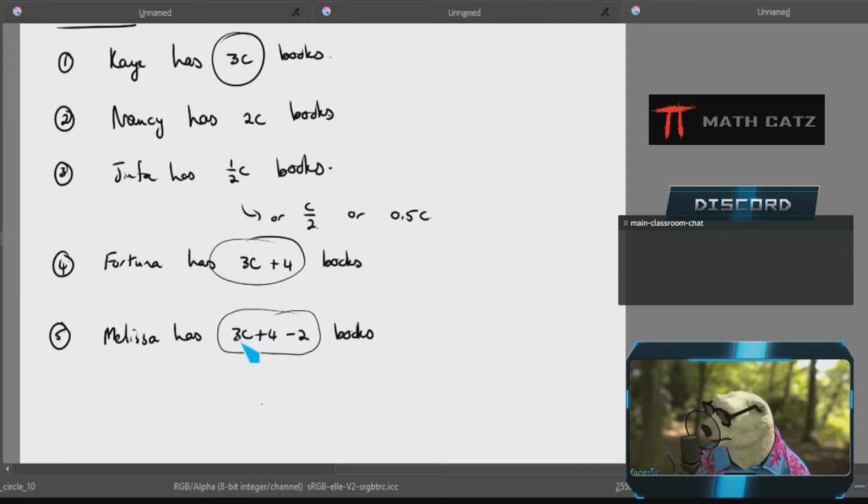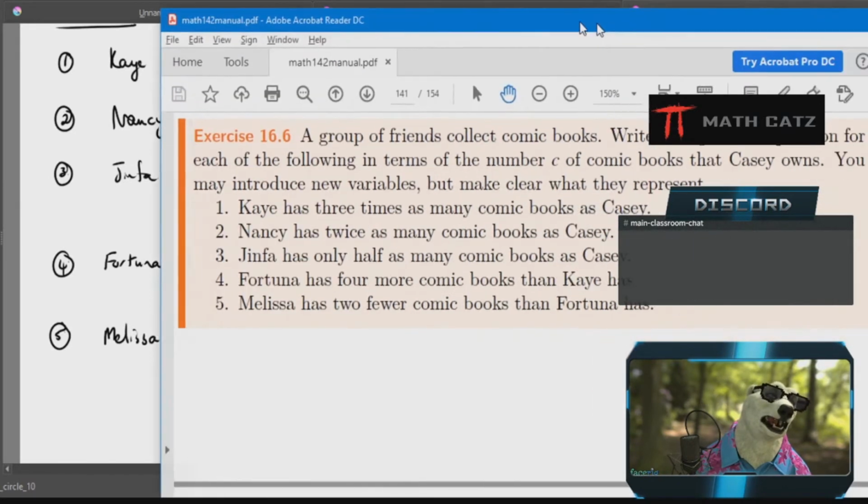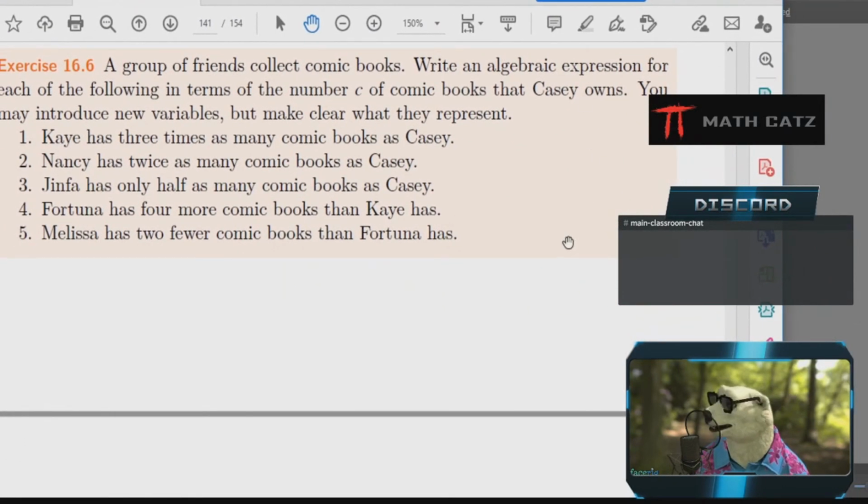Though if you want to write 3C plus 2, you're welcome to. This is the exact same meaning. You just don't need to. So our first issue is to make sure we can do that translation. Especially, we do it first in isolation, in a simple setting, so we can build on something.